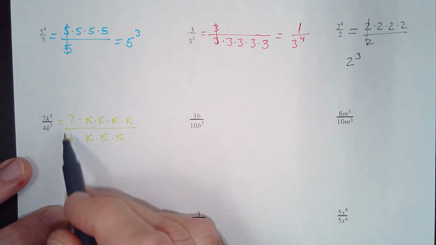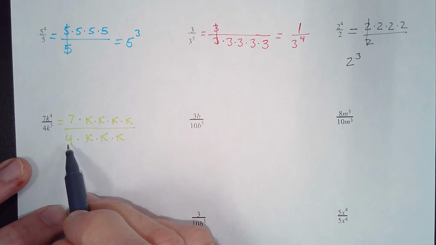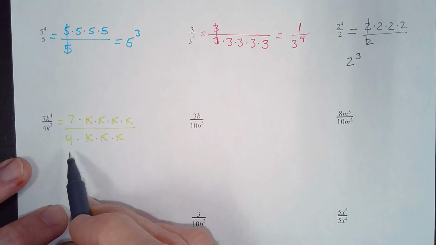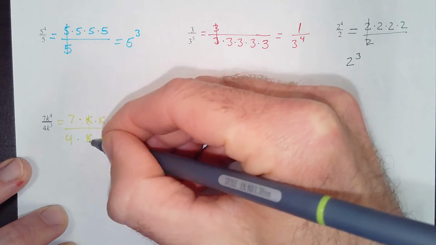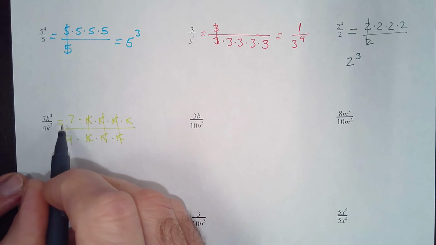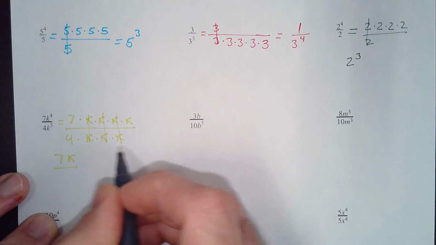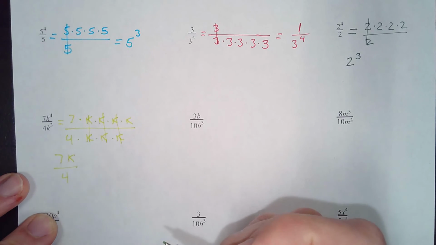Now, if we can simplify the numbers here, like if this was 8 over 4, we could simplify that. 7 over 4 we can't, so that's going to end up staying the same. Make our giant 1s, cancel those out. What are we left with on top? A 7 and a k, so 7k divided by just a 4 on the bottom denominator.